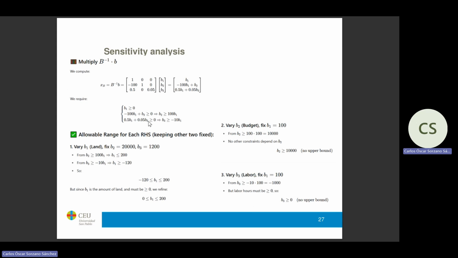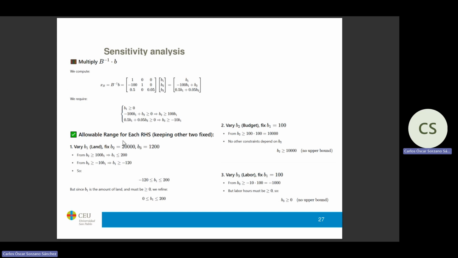In general, you fix two of them, so b2 and b3 take the values from the original, and then we study these inequalities for b1. So this has to be larger than 0, so b1 larger than 0. This thing, minus 100 b1 plus b2, has to be larger than 0, which means that b2 has to be larger than 100 b1. And this thing here has to be larger than 0, which means that b3 has to be larger than this thing.